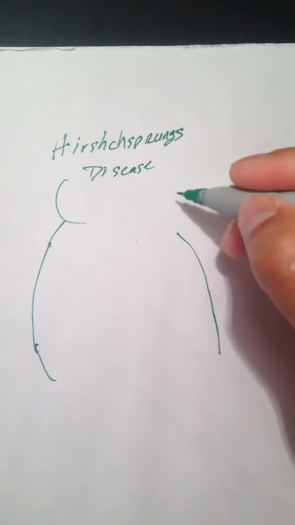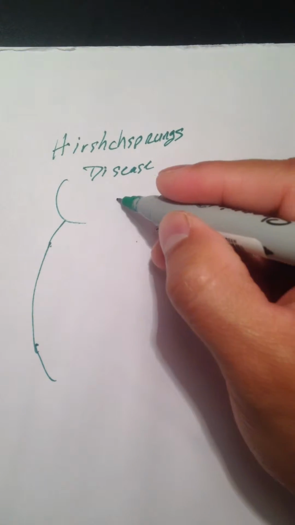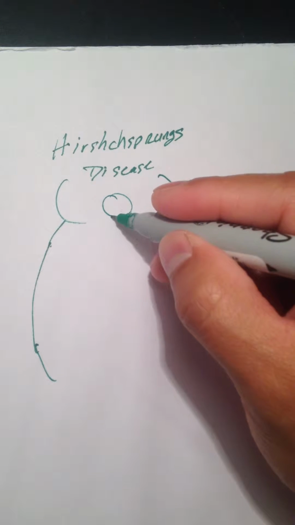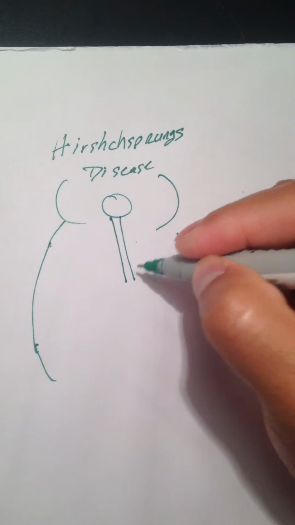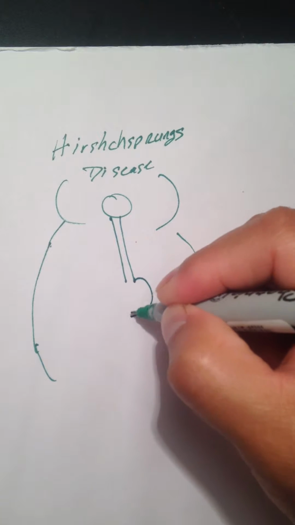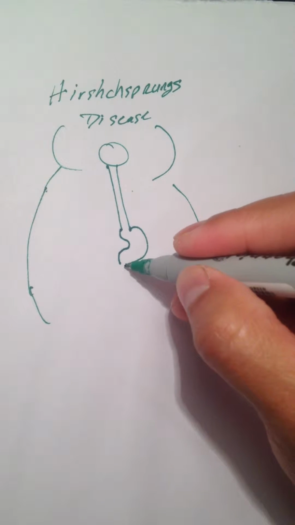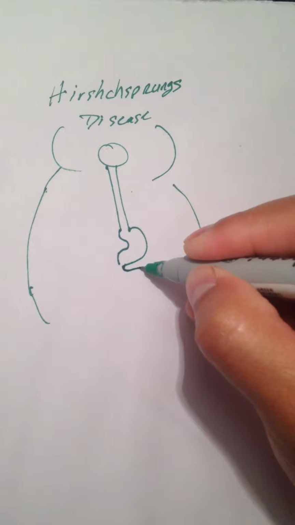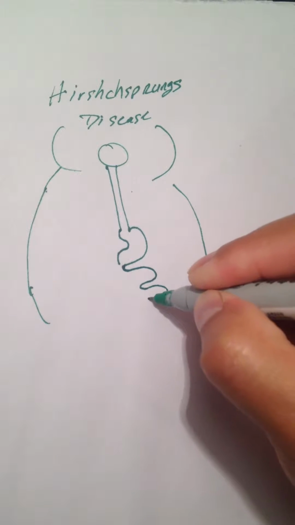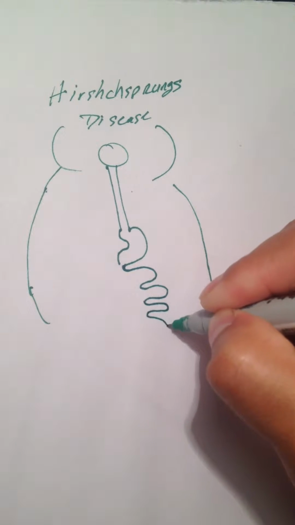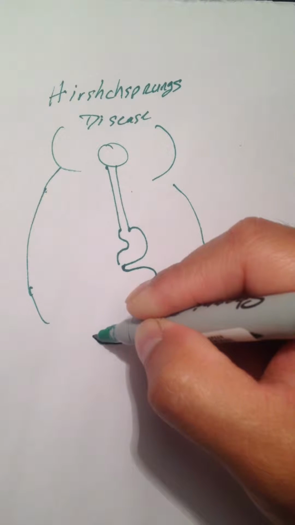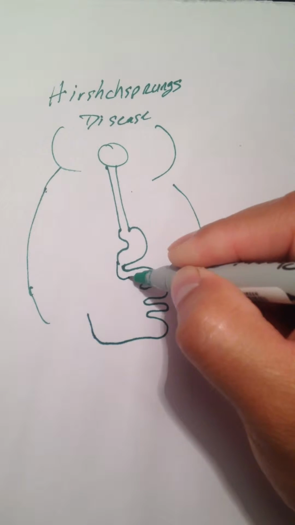So remember, here we have the mouth, we have the esophagus, we have the stomach. The stomach's going to turn into the small bowel, right? And that's going to turn into the large bowel.